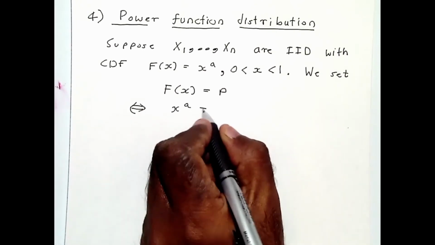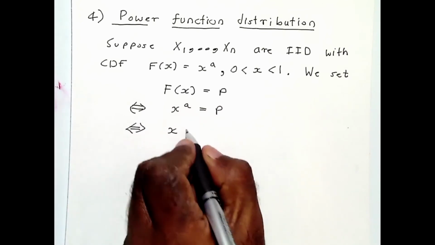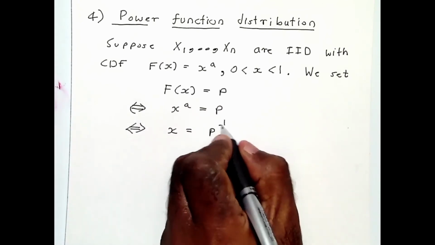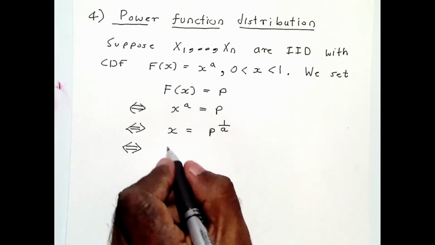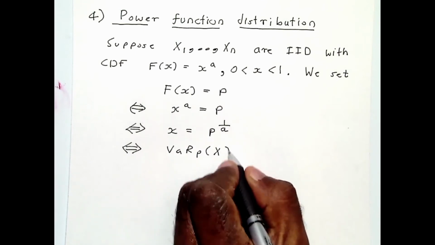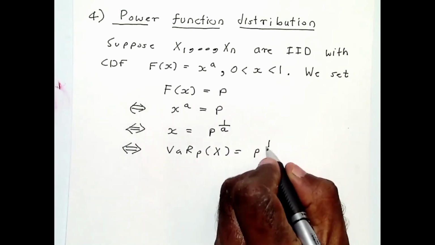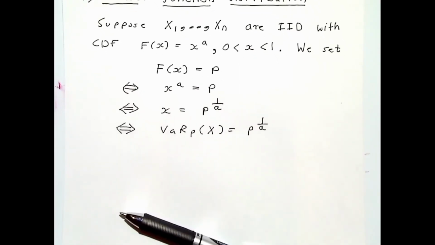So this implies that x to the power a is equal to p, and this implies that x equals p raised to 1 over a. So hence the var for this distribution is equal to this. Now we need to estimate a.